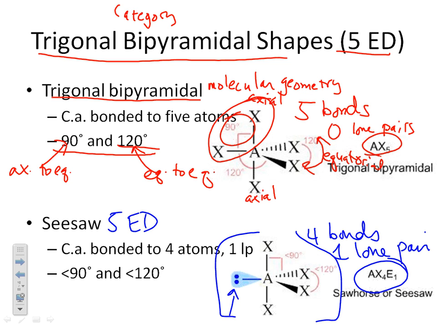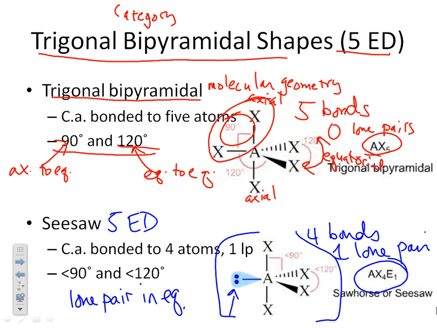And notice that we put the lone pair in the equatorial position, because that way it will be farther apart from other things. It will have a 120-degree bond angle between the other bonds that are in the equatorial position, so we can get the lone pair a little bit further away from other things by putting it in the equatorial position.